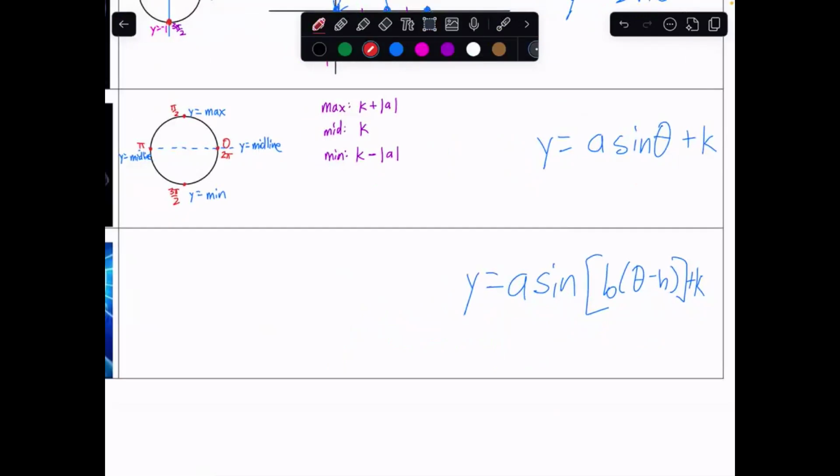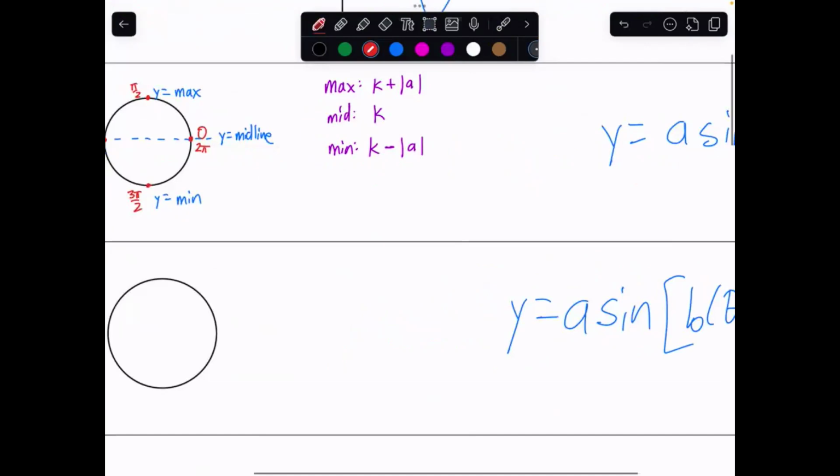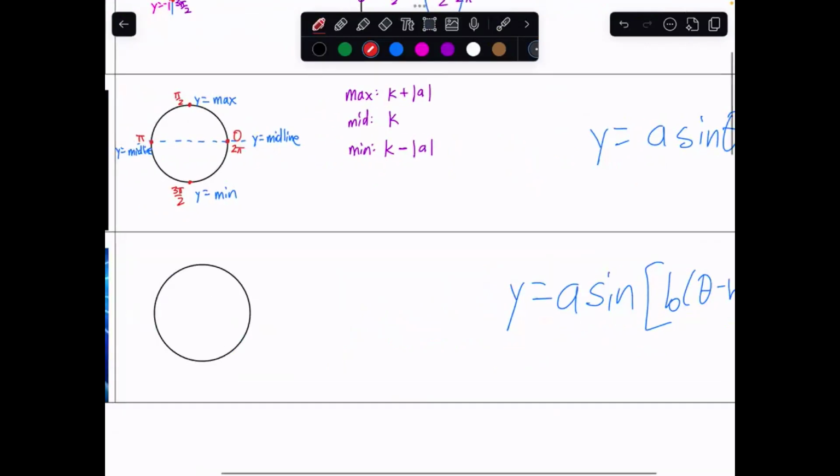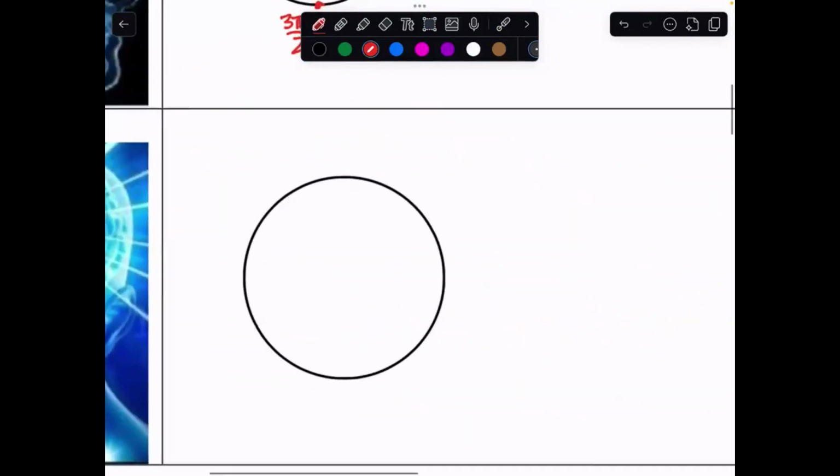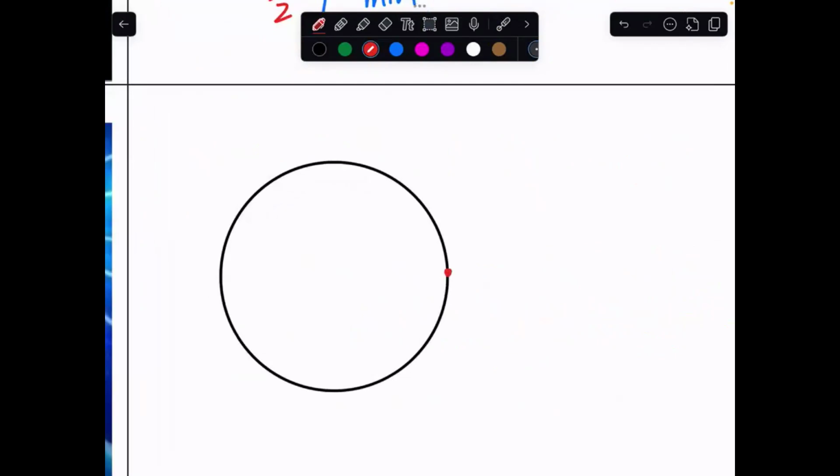How this differs from the previous one, sorry, let's go one step at a time. Go ahead and mark the 4 usual points, but don't label them yet.